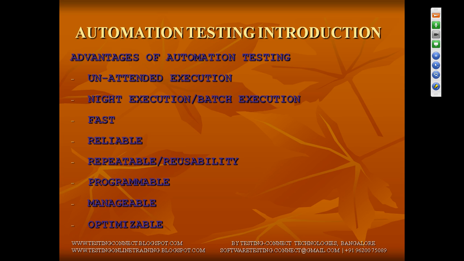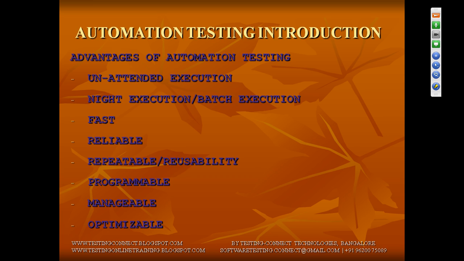Optimizable. Today, whatever features you have in your application, accordingly you come up with your automation framework. Is the IT industry stable? Are client requirements stable? Not at all, right? Which kind of change requests, functionality or enhancements will come tomorrow, you are not sure.